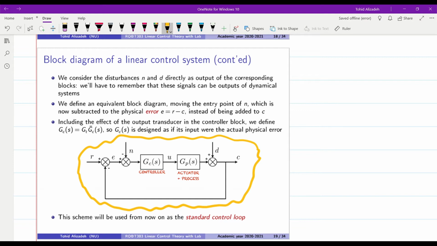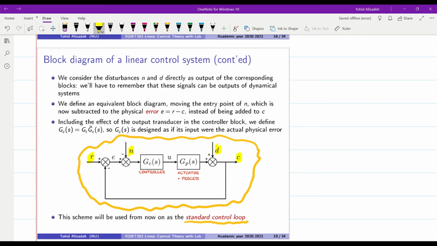We are going to use this as the standard control loop throughout the course. Over here we have the reference signal as the main input. Then we have the noise as another input and disturbance as the third input. And C will give us the actual output of the system.